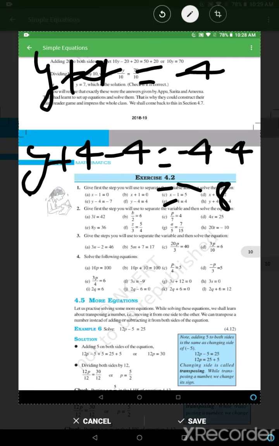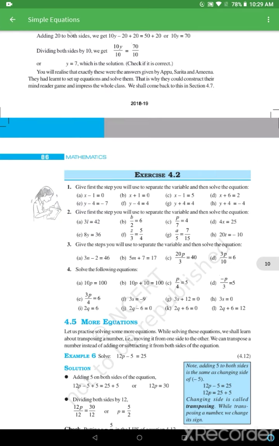So the value of y will be minus 8. Now we have done with question number 1.